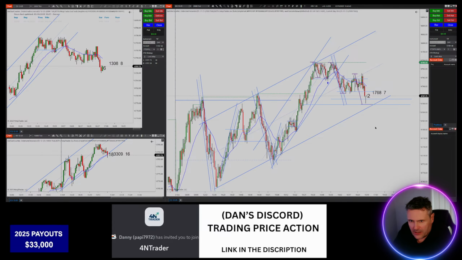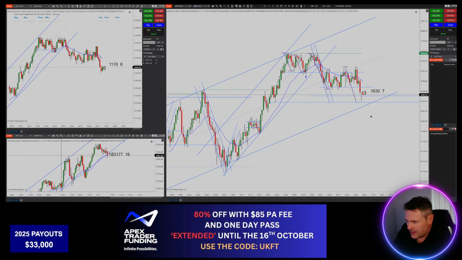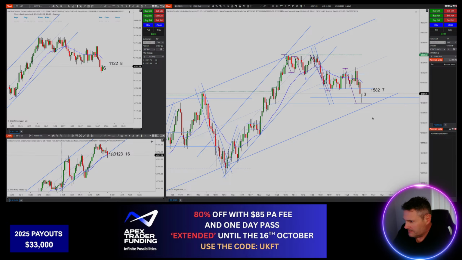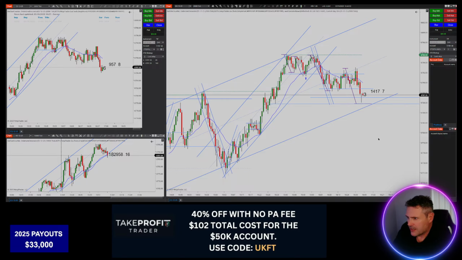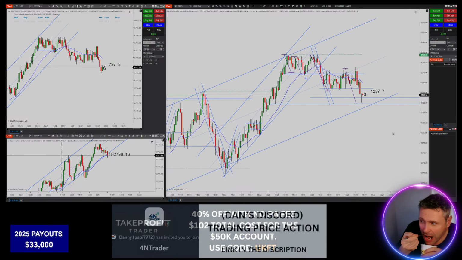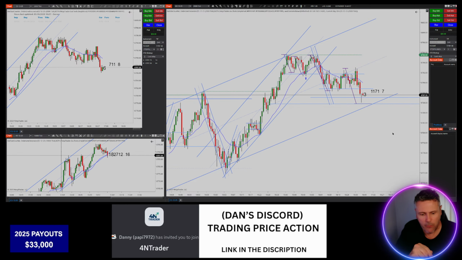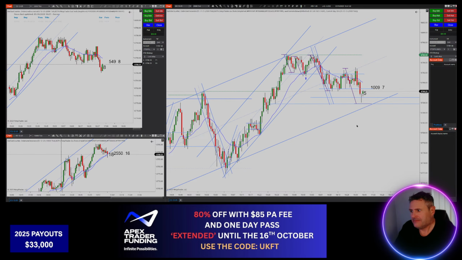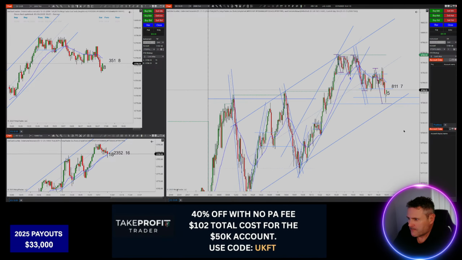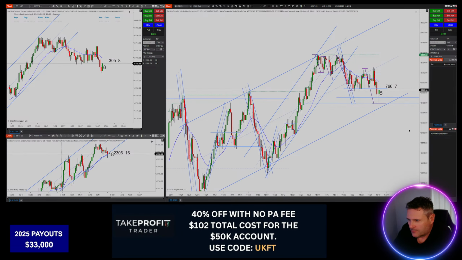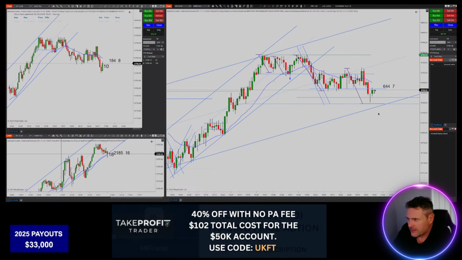We didn't quite get low enough for me, so I think I want to wait for a higher low. It has bounced off support, so that's something.